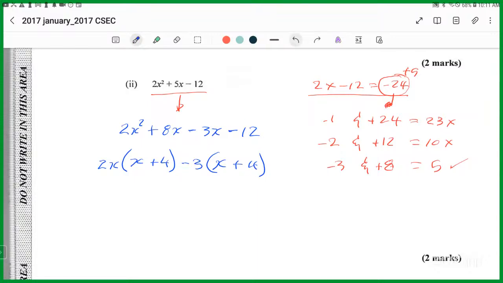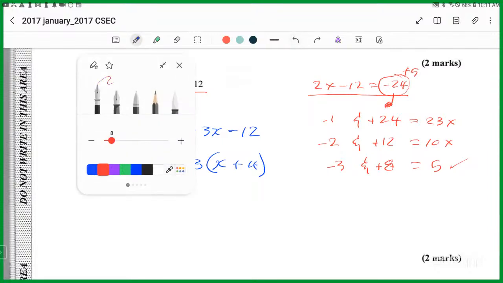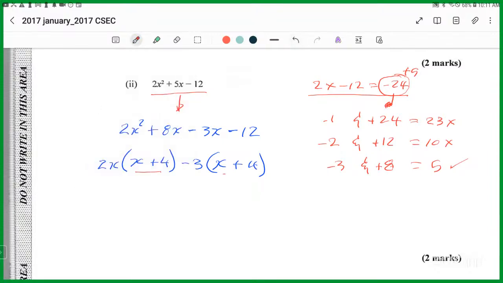All right. Then now, this x plus 4 is a common factor, and they're added with this 2x and minus 3. So the 2x minus 3 becomes one factor, and multiply that by the common factor of x plus 4.